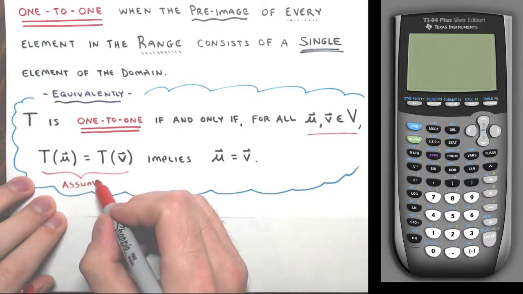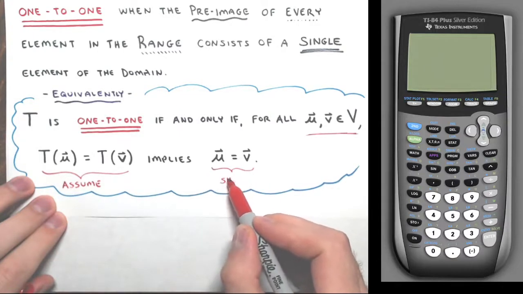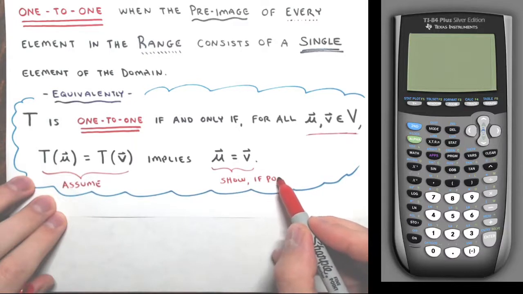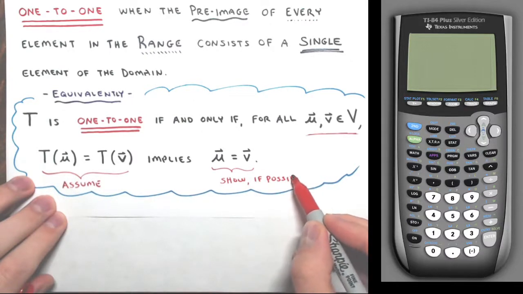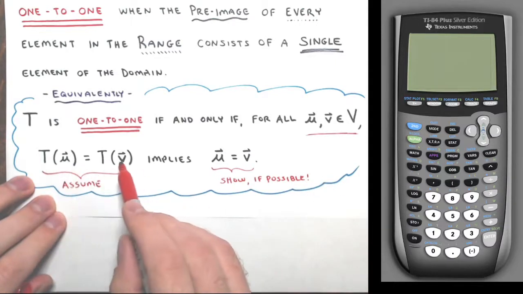And then we would like to show, if possible. If it's not possible, then that probably means the transformation is not one-to-one. But we're going to assume that the images are equal. Their outputs are the same.